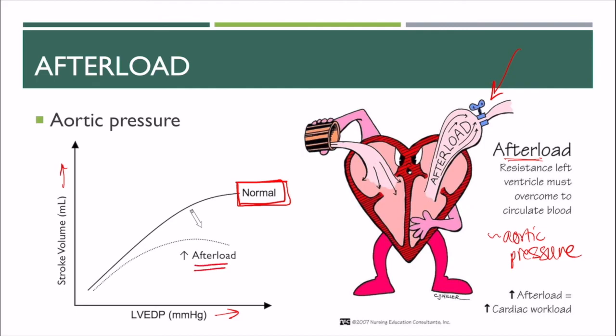But as you increase the afterload, the resistance the ventricle must overcome to push blood out, you actually drop that curve down and reduce stroke volume. The heart will need to generate such a greater amount of force to get the same blood out that the resistance on the left ventricle will reduce the total amount of blood that can leave the heart.